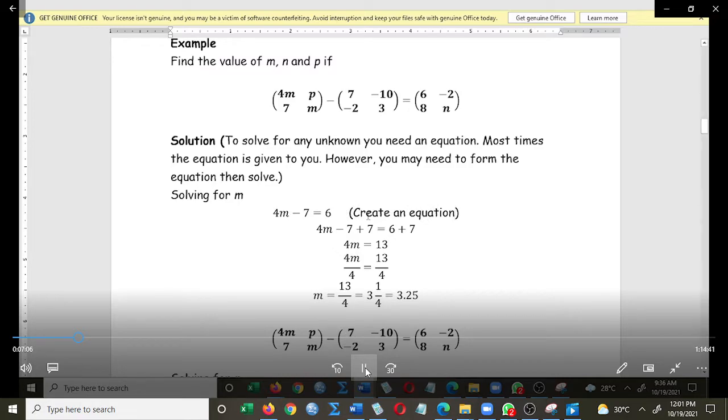All right. So you are told to solve for m, and to solve for any unknown, you need an equation. Please bear that in mind. Most times the equation is given to you. However, you may need to form the equation then solve.